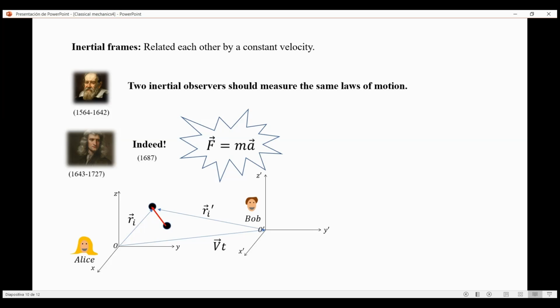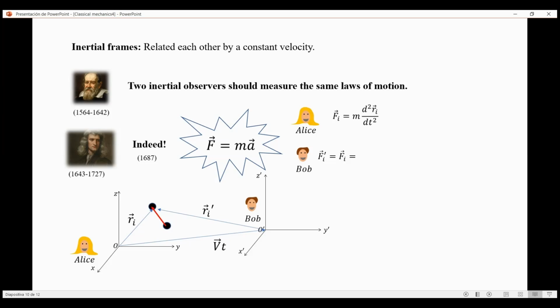Consider Alice and Bob again. Let's work out the equation of motion for particle i subjected to the Coulomb force for both reference systems. Alice sees the particle i subjected to force F sub i and an acceleration that is simply the second derivative in time of the vector r sub i of the i particle referred to OXYZ.